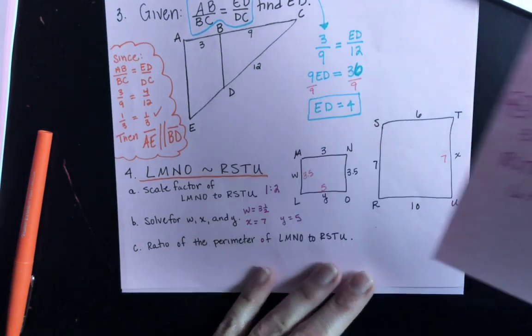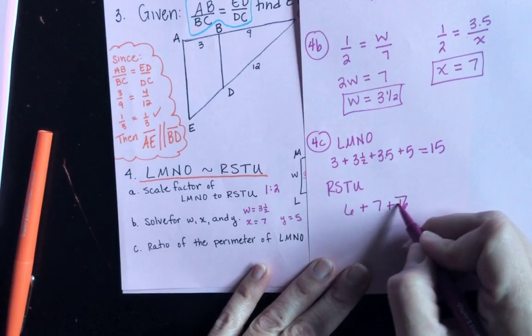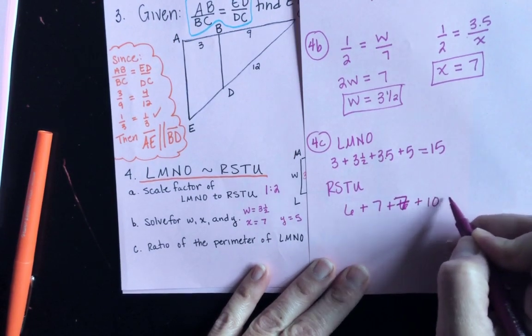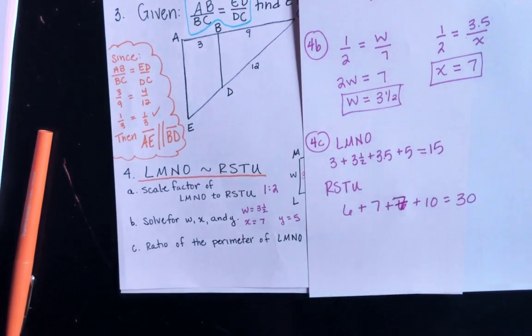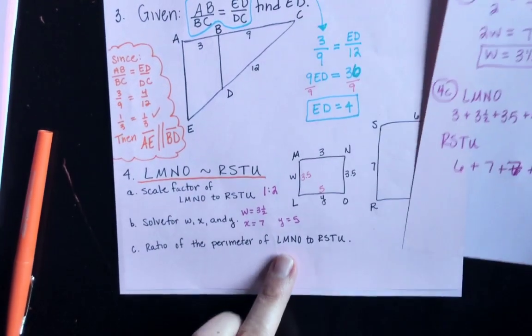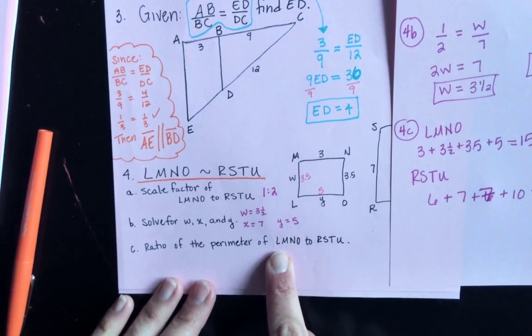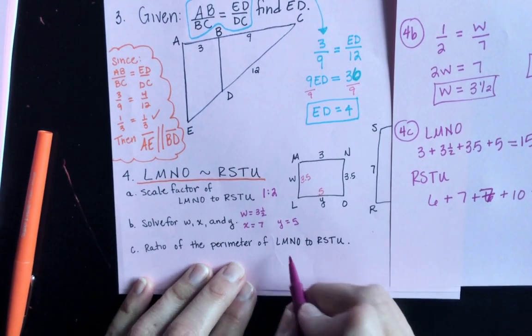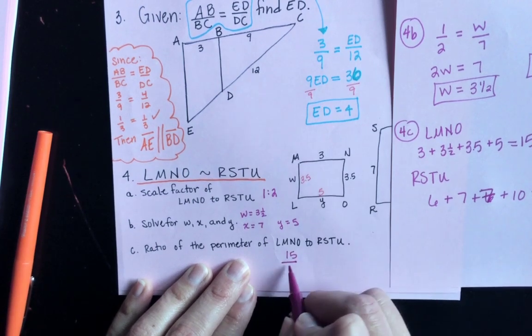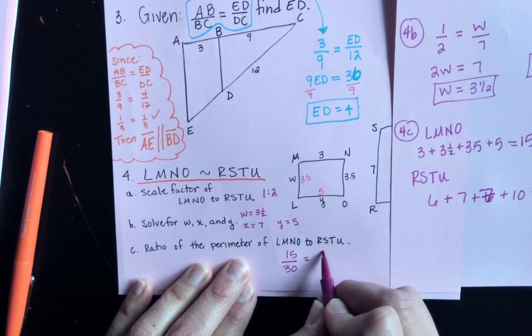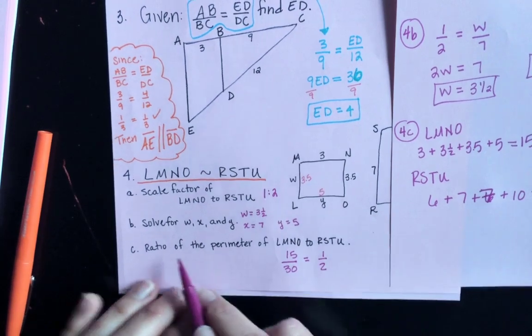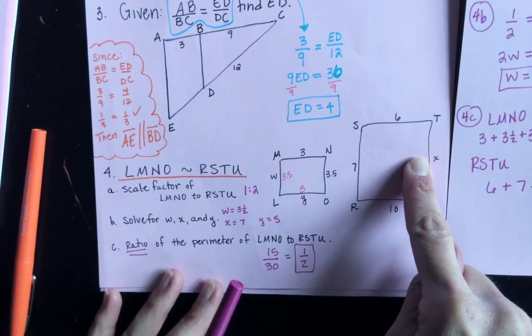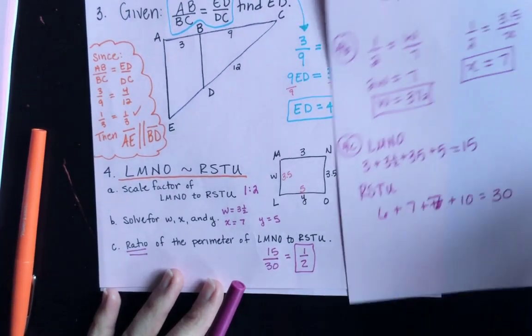And now it asks us what's the ratio of the perimeter. Well, LMNO is 15, RSTU is 30, and we find out that the ratio, again, reduced to add everything up.